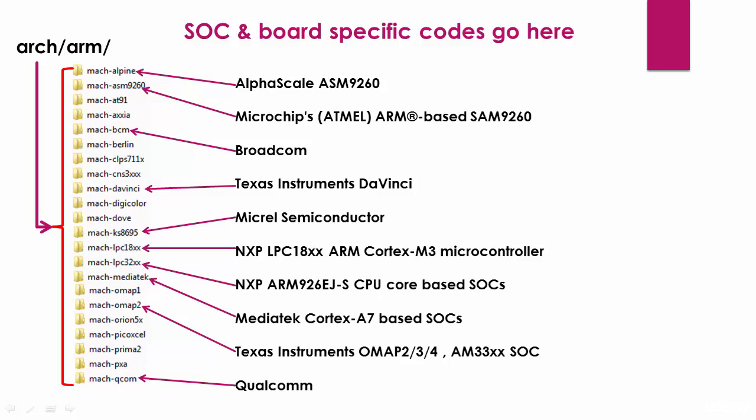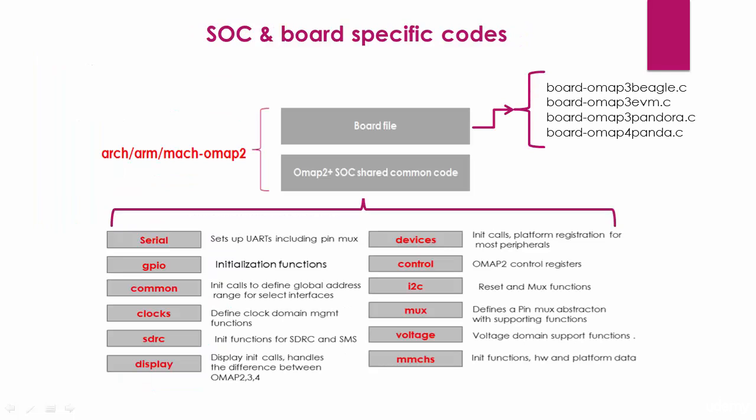So what are the important files you find in the machine OMAP2 directory? You will find the helper functions for the various peripherals, pinmuxing, power management, clocking, etc. Okay, the SoC has different peripherals, right?